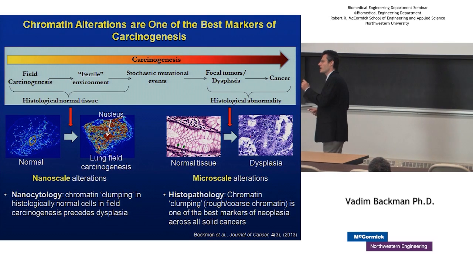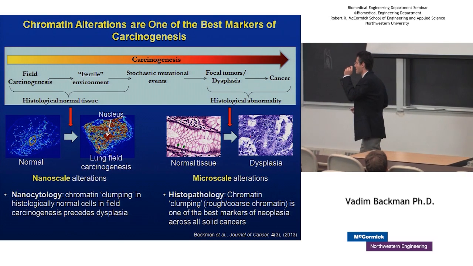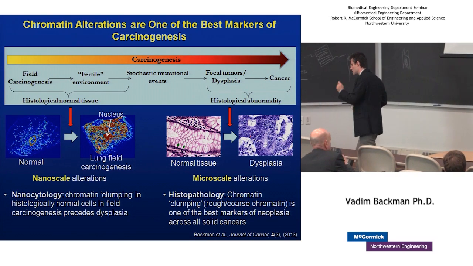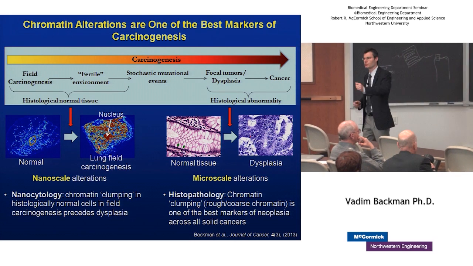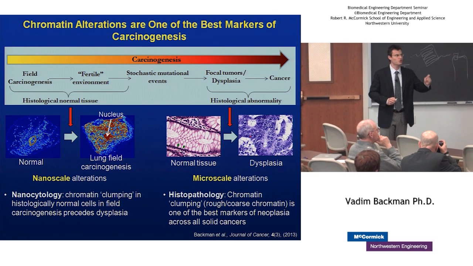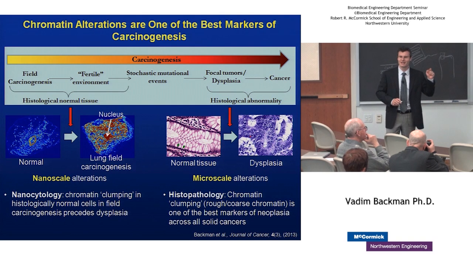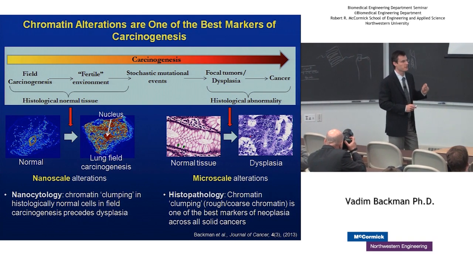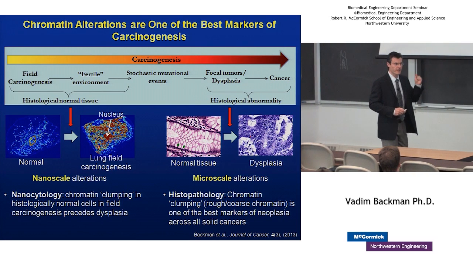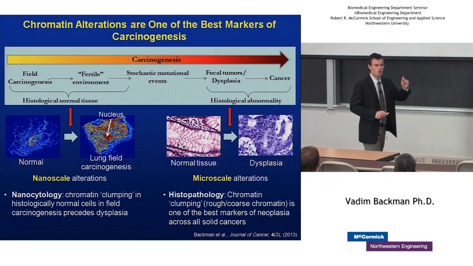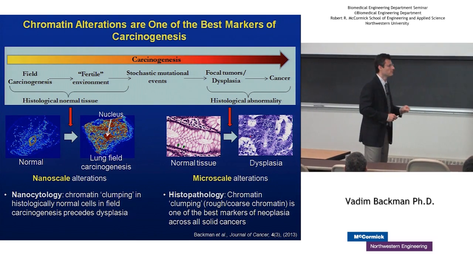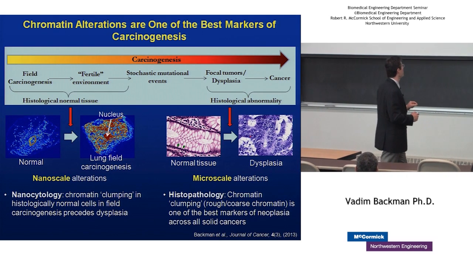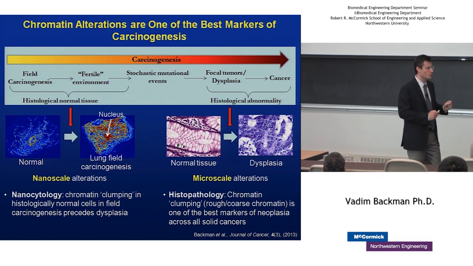If a patient has an abnormality, let's say, suspicious of breast cancer, what do you do? You get a biopsy, you look at it in the microscope, you try to find these microscale alterations. The single most significant alteration, a marker that every single pathologist learns on the first day of medical school, Pathology 101, is chromatin clumping, or what is called rough or coarse chromatin.